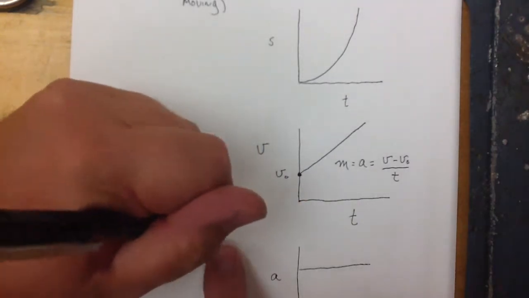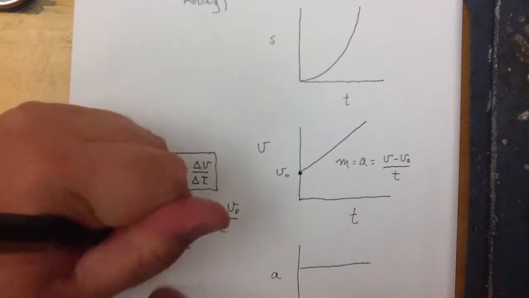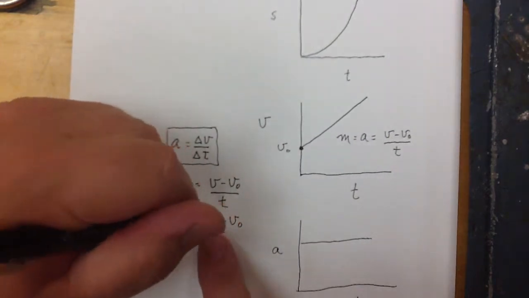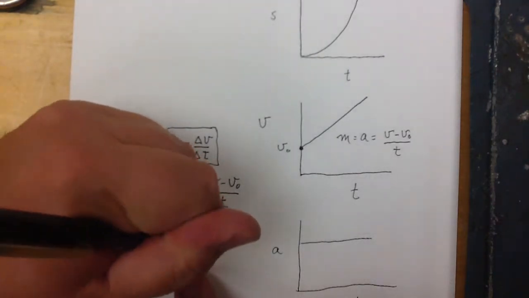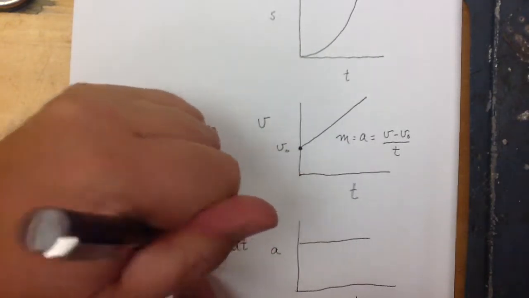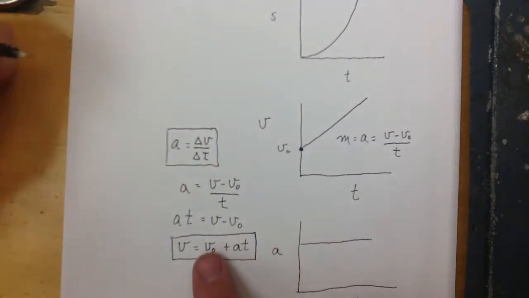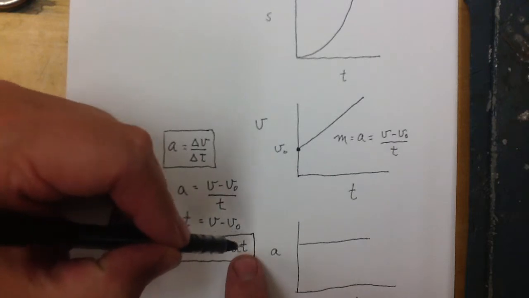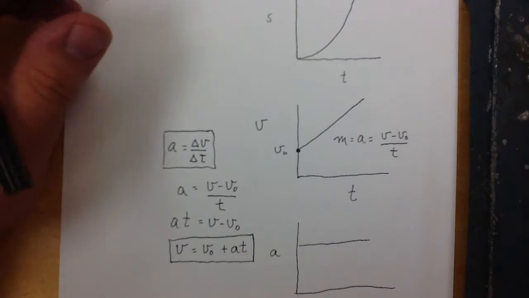We multiply both sides by t, and so I get a times t equals v minus v0, and rearranging this to solve for v, we get v equals v0 plus a t. And if we know the initial velocity of an object at time 0, we know the constant acceleration, and we know how long it's been traveling, we can determine what the velocity is.